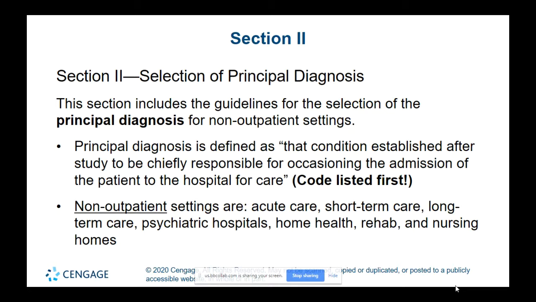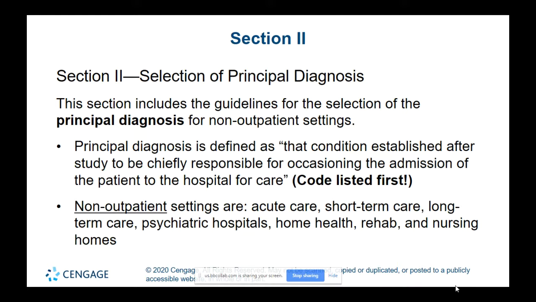So think of it as not just your regular doctor visit, in and out, not a rehab setting where you're in and out. Think of something a little more long-term care or urgent care as what's included with your non-outpatient setting, whereas your outpatient setting is going to be like your basic doctor visit, in and out type stuff.